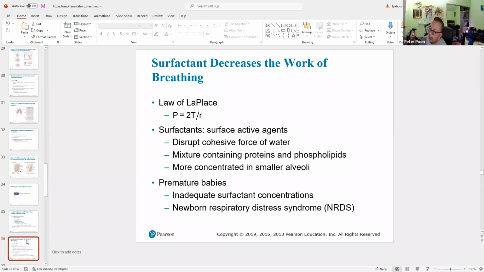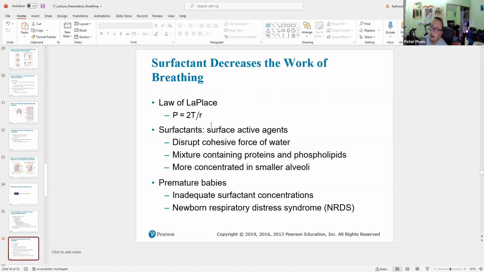It generates a force, a pressure of holding things together. That makes it hard to breathe because when you breathe, you want to pull apart wet tissue, you want to pull apart the water molecules. So the effect is that surfactant decreases the work of breathing.